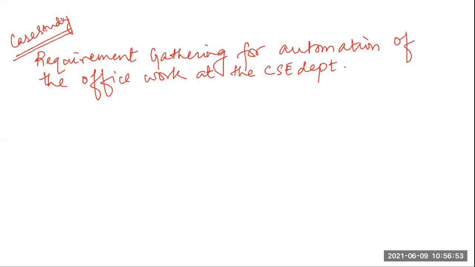Let us understand one case study where requirement gathering for the automation of the office work at the CSE department is needed. Suppose the academic and financial information at the computer science and engineering department of a certain institute was carried out manually by two office clerks, a storekeeper, and two attendants.